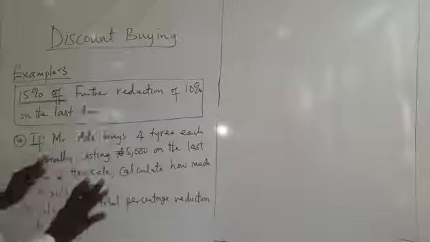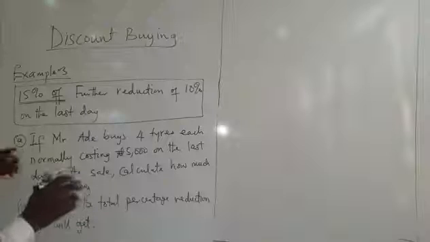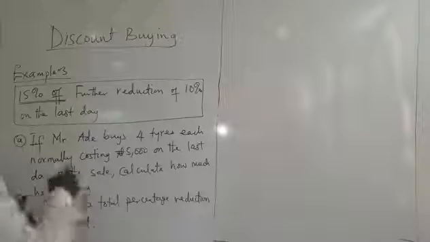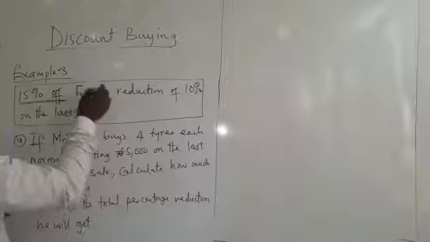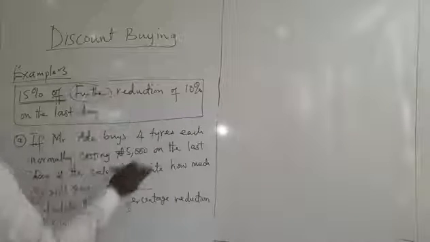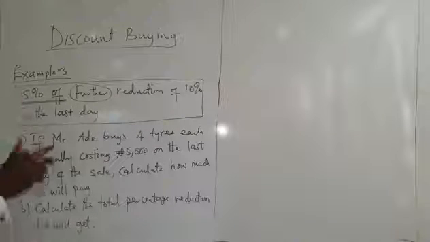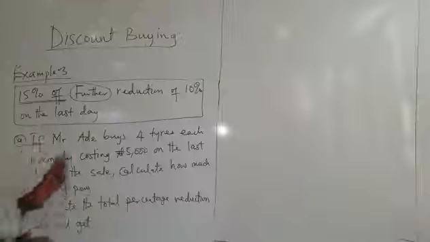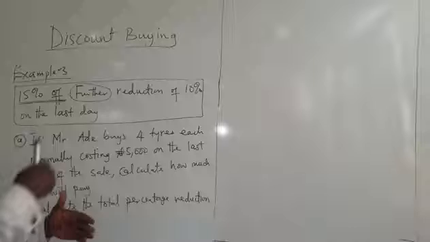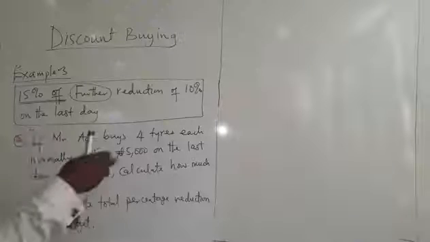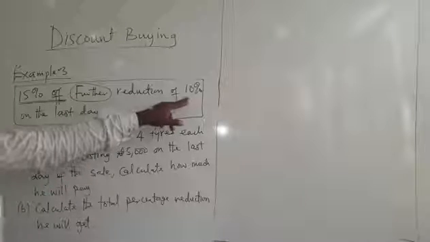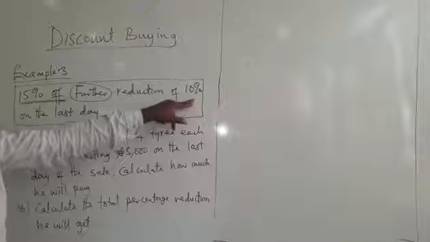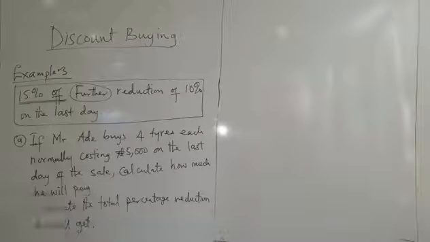On the last day of selling a particular product, if the customer buys it, they get another 10% deduction. That is the meaning of further here. The first one is 15%. That one is sacrosanct. Nothing can change that. Then if you buy on the last day, you also have 10% discount again, apart from the 15%.